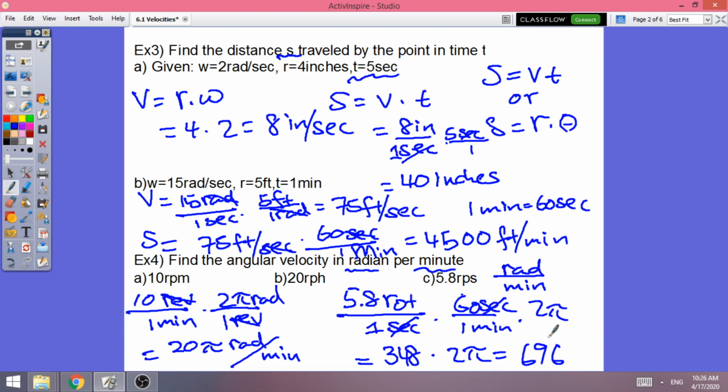So 696 pi. Don't forget about the unit. The rotation got canceled, so this one is radians. We got 696 pi radians per minute.